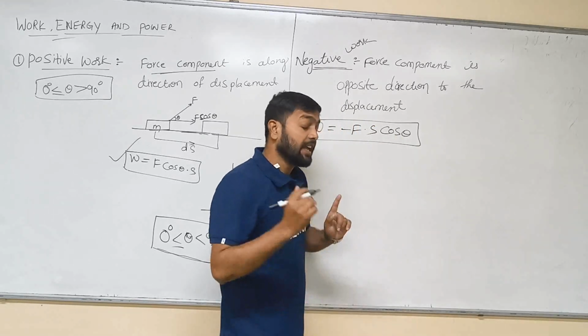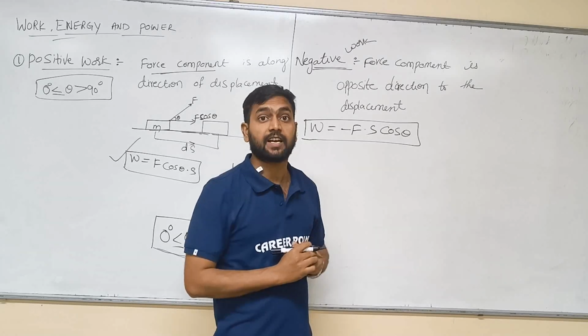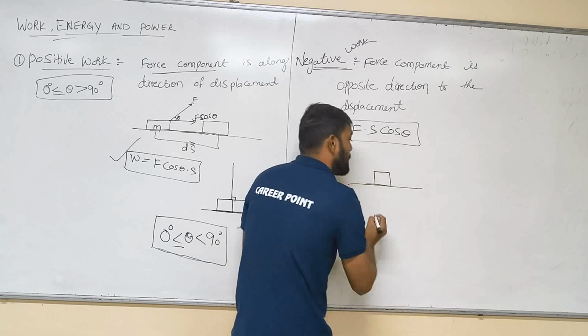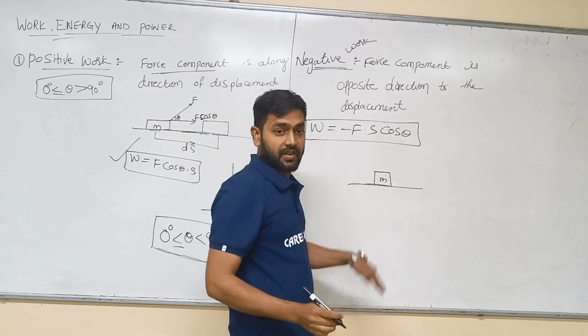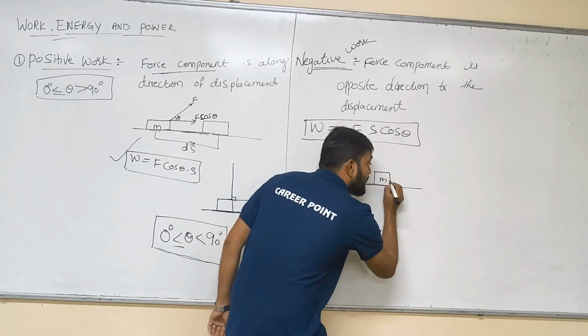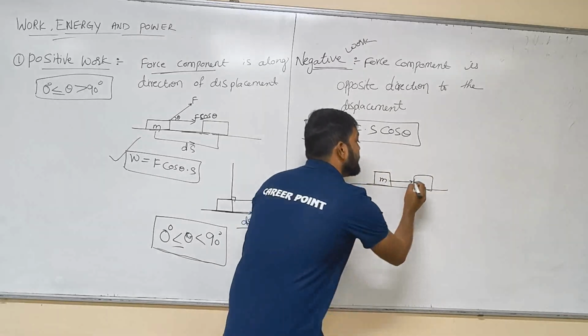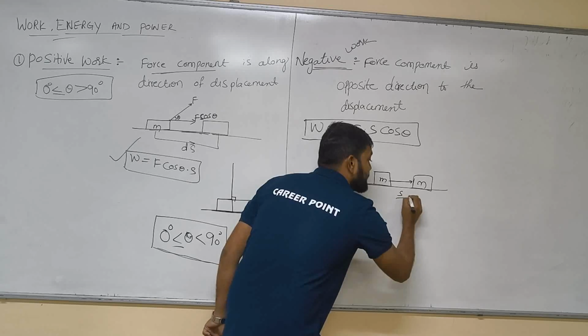Then what happens in frictional force? Let us take the frictional force. When an object of mass m is given some external force and moves in this direction, the displacement is in this direction.